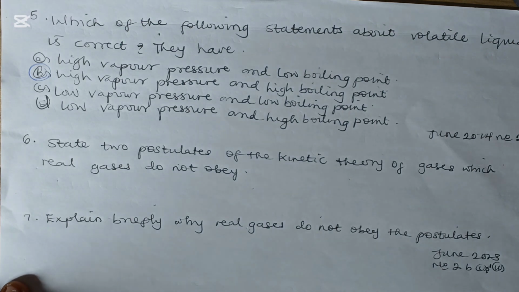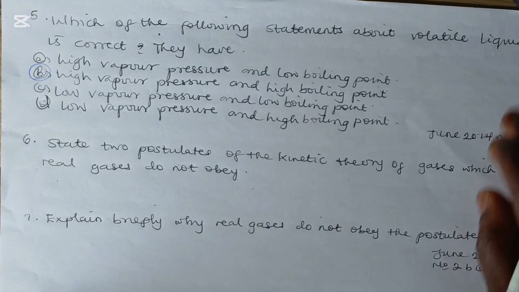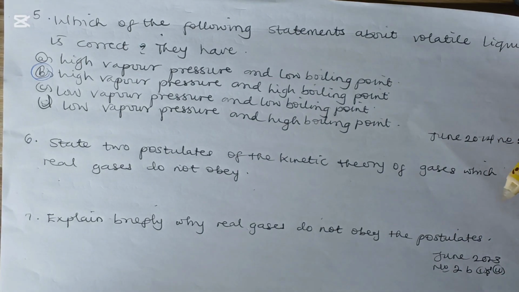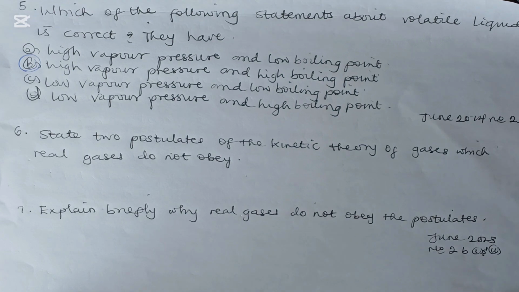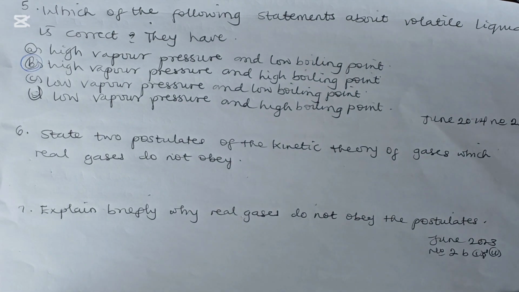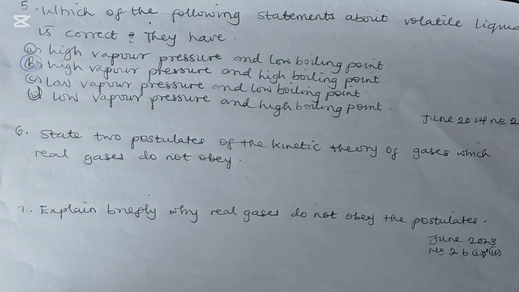There's the last question here. Explain briefly why real gases do not obey the postulates. The real gases are the gases we see around us. They do not fit into the picture of the ideal or perfect gas, which has various assumptions, which is the kinetic theory of gases.